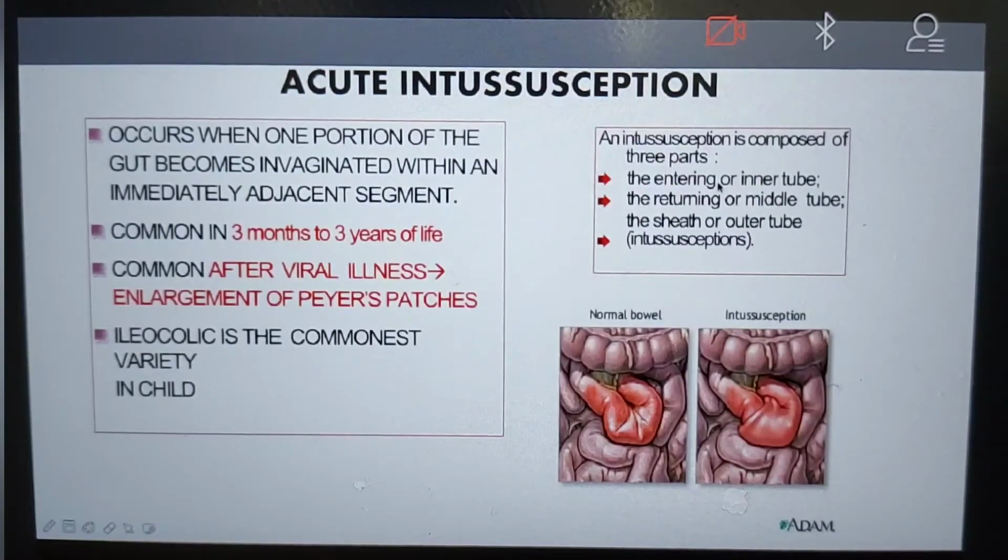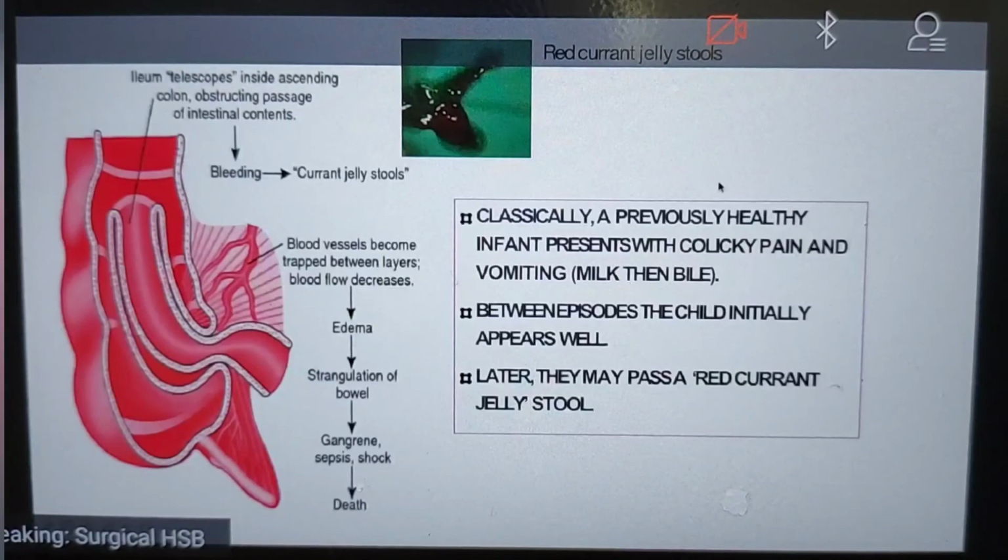In intussusception, as you can see in the picture on the left side, the ileum telescopes into the ascending colon.